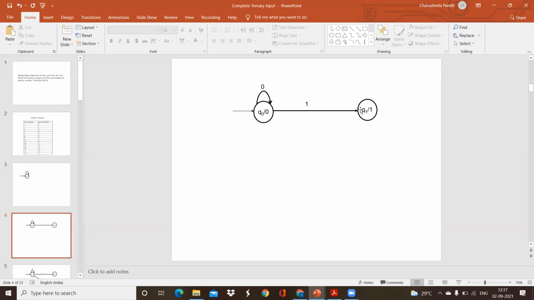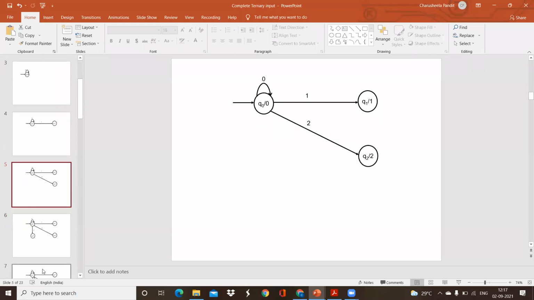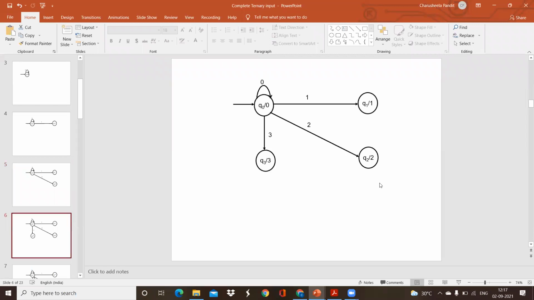Now because you are dividing by 5, the possible remainders are 0, 1, 2, 3, and 4. Okay, so now when you give 2 as an input, 2 by 5 remainder will be 2, and that is the reason you need to transfer to the state which will generate 2 as output. Same for 3.